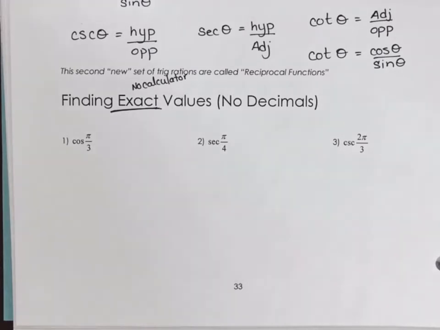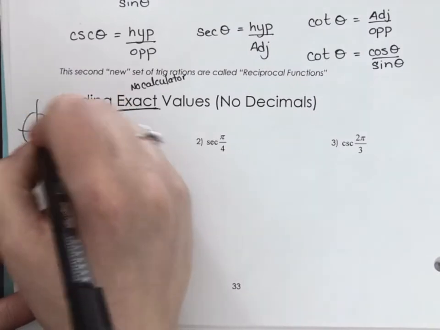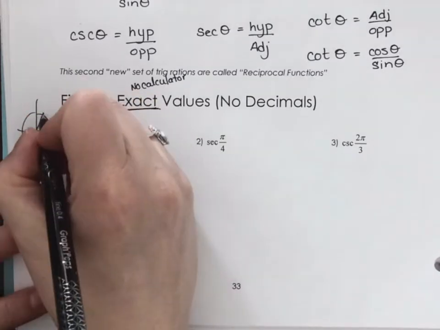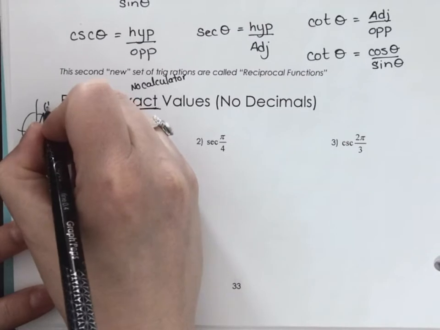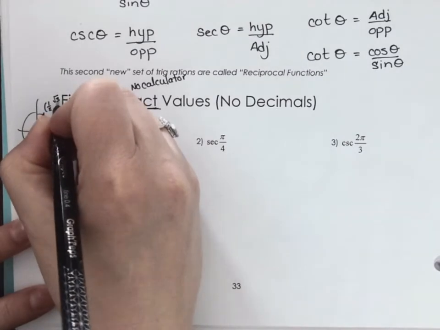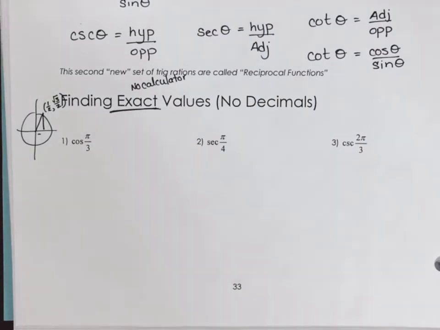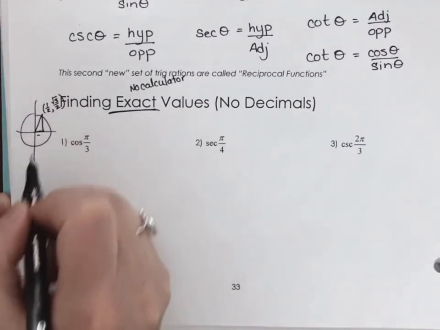Okay, all right. So this is how I'm thinking about it in my head. I know that I'm here. So I know I'm in quadrant 1 because it's pi over 3. I know that this is going to be a short, long. So this is going to be 1/2 and root 3 over 2. Because like I said, I told you guys that the short longs make sense to me. My x is going to be short, my y is going to be tall.